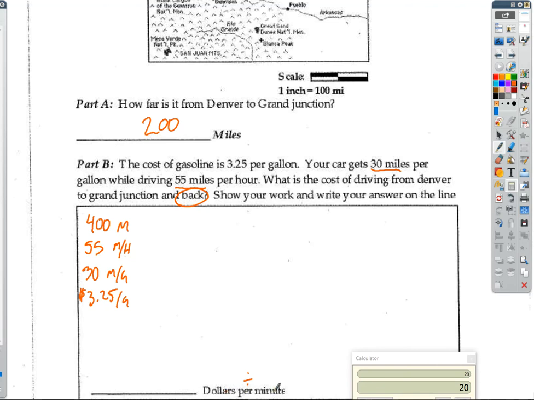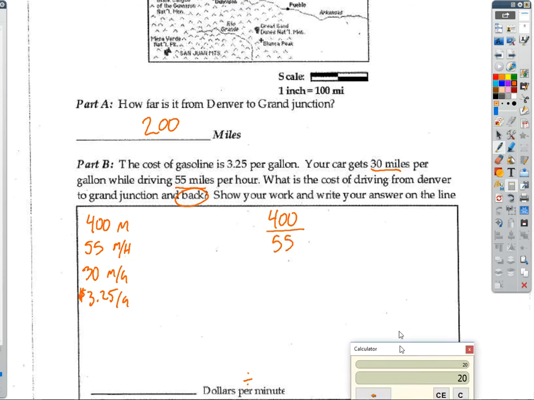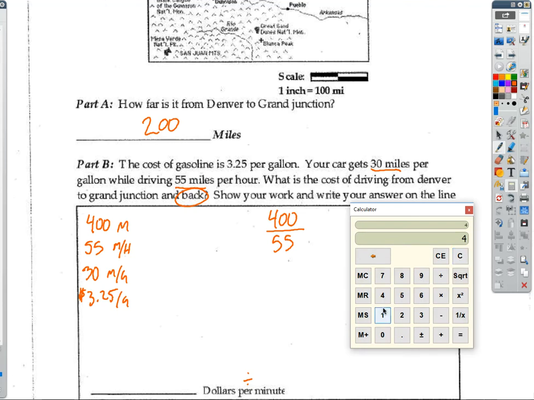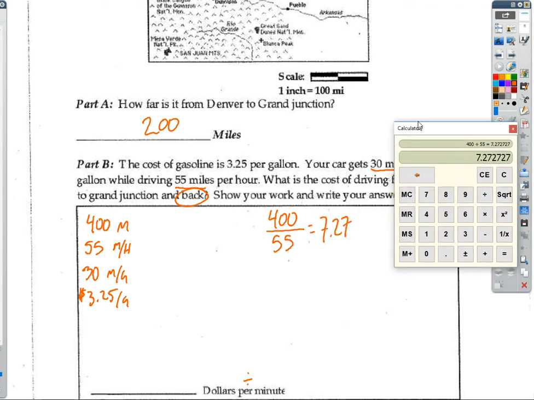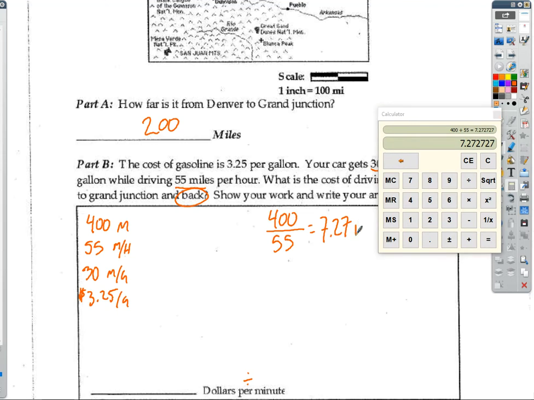Let's deal with the minutes first. So I know we're going 400 miles, and I know that my speed is 55 miles an hour. So if I divide 400 by 55 miles per hour, I get 7.27 hours.